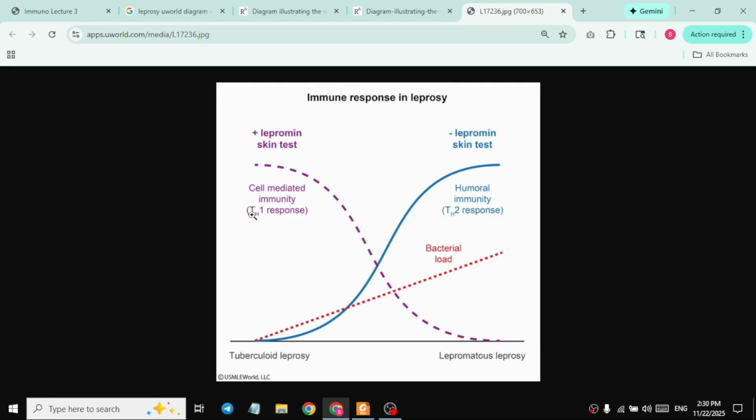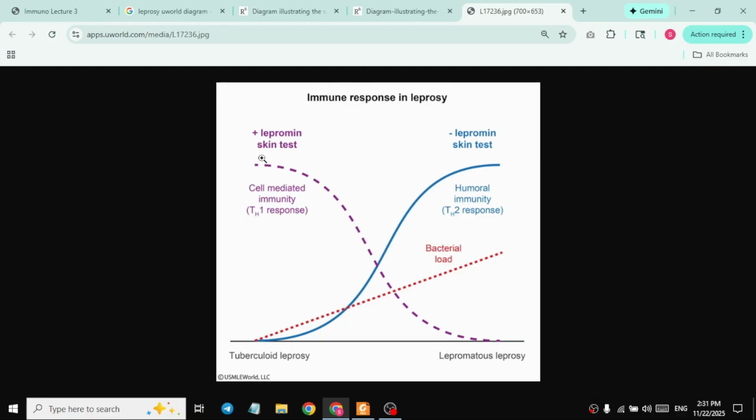Th1 can contain the leprosy within these cells, because Mycobacterium is an intracellular bacteria, right? Tuberculoid and Th1 response contains it, makes granulomas and contains it. And that's why when you have a Th1 response, you can get a lepromin skin test positive. Important. That's the only way you can get a lepromin skin test positive.